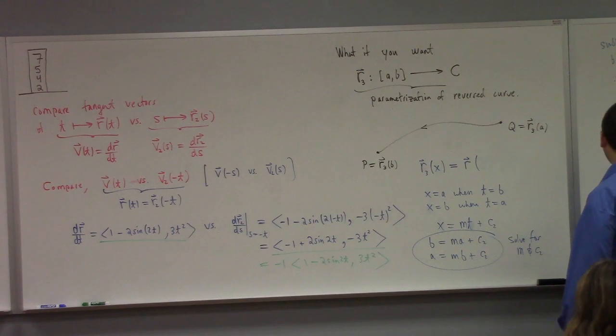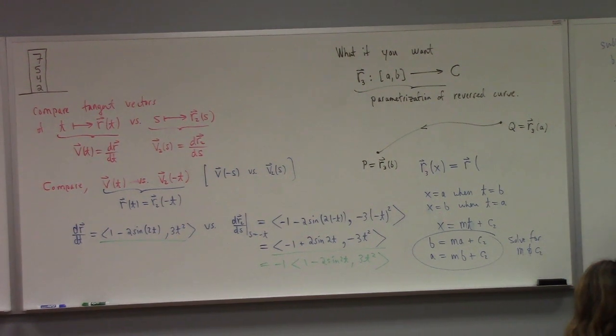Like we've got b is equal to minus a plus c2. So what's c2? C2 is apparently b plus a. So what I find then is x is equal to minus t. Oh, you might have told me this a second ago. If you did, I'm sorry. It looks like minus t plus b plus a.